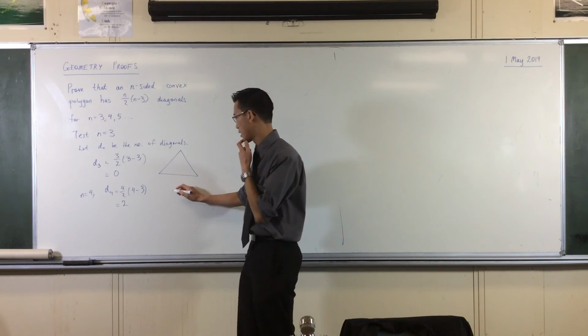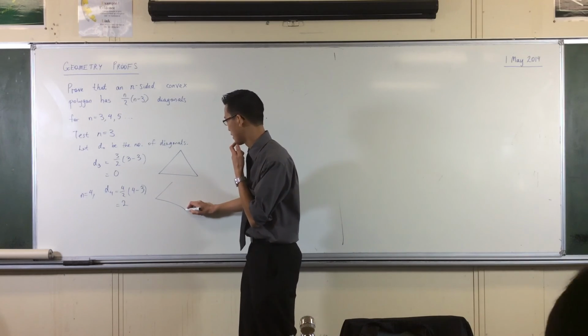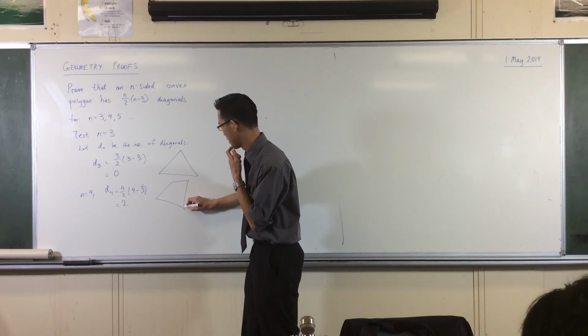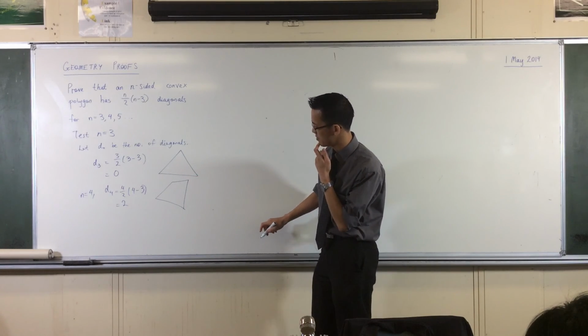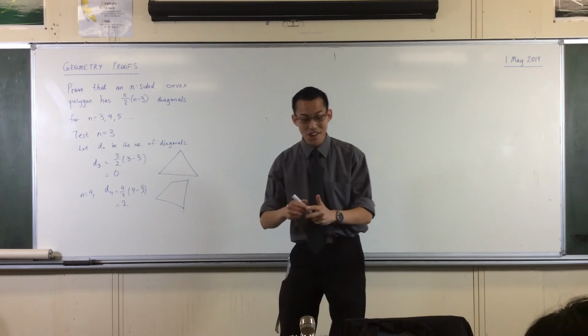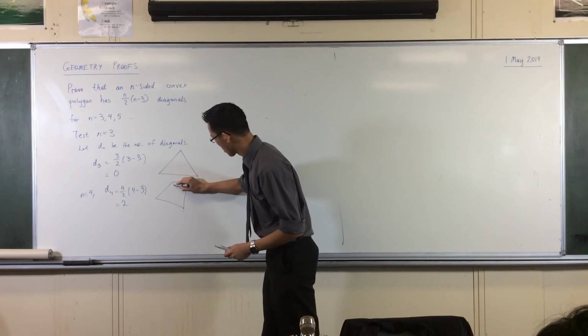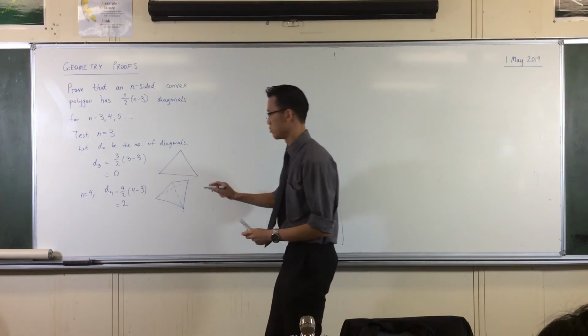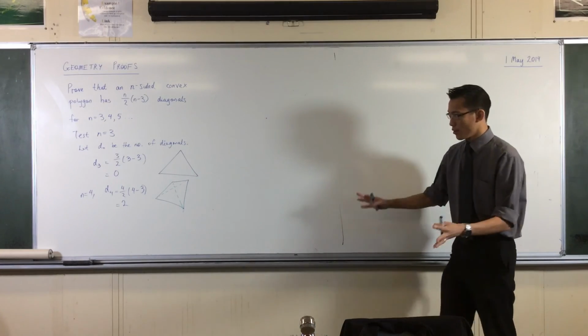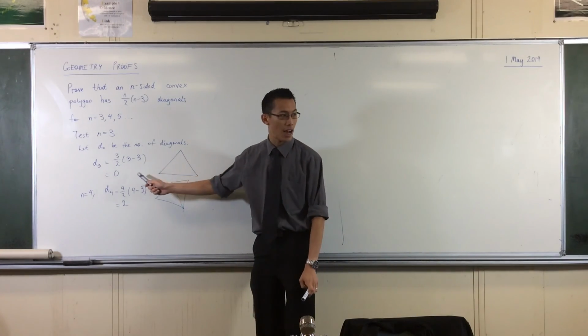That does check out, right? Look, I'm trying hard to not draw a regular anything. That's pretty regular, isn't it? Kind of looks like a kite. Anyway, now you can see how many diagonals are there. There's the 2 you expect. 1, 2. Great.